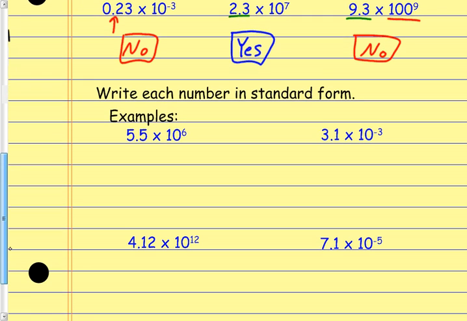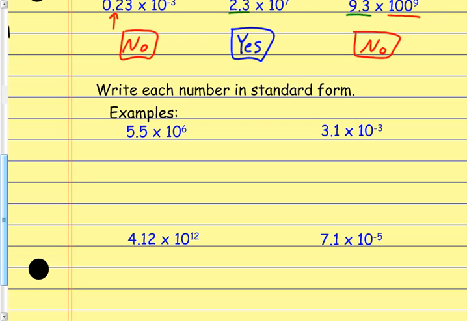If I look at the next one, we want to write each of these in standard form, so we're going to take it out of scientific notation and write it the way we would normally write numbers. For this first one, we can think of it in terms of its operations. Let's think of this as 5.5 times 10 to the 6th power, which is essentially a 1 with 6 zeros.